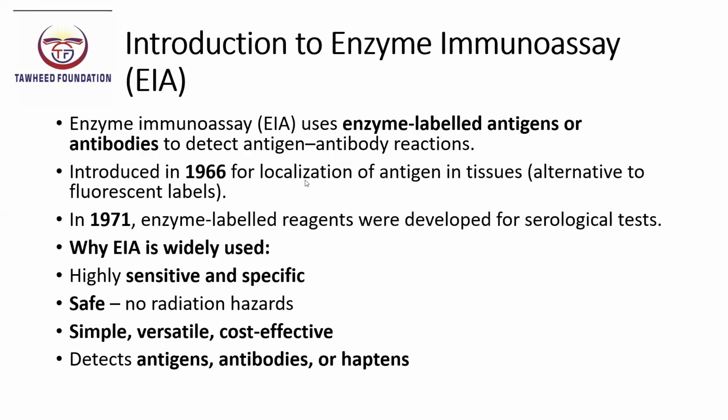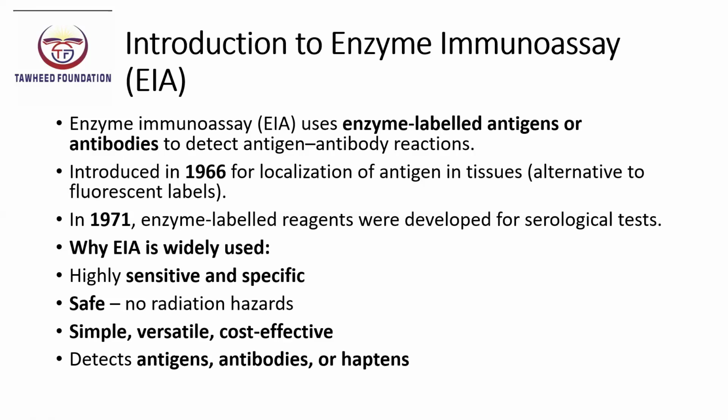Next part is EIA, that is Introduction to Enzyme Immunoassay. The enzyme immunoassay, EIA, is a method that uses enzyme-labeled antigens or antibodies to detect the presence of a specific antigen-antibody reaction.